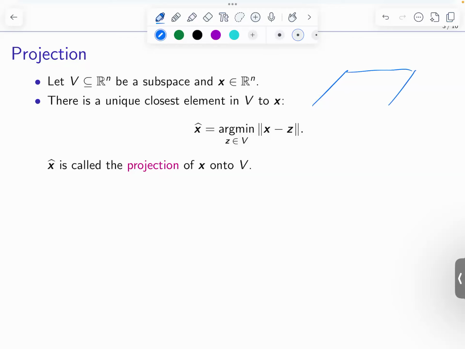Say this is the xy plane, these are the axes, and I have another vector x which is not necessarily on the plane. This is x and this is V.